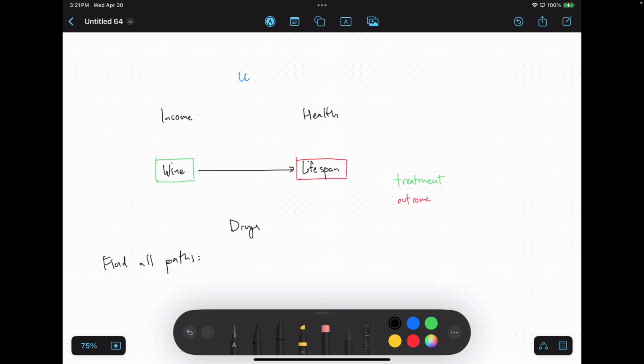And actually, sorry, before we do this, I need to draw the relationships. Okay, and so we may hypothesize something like this.